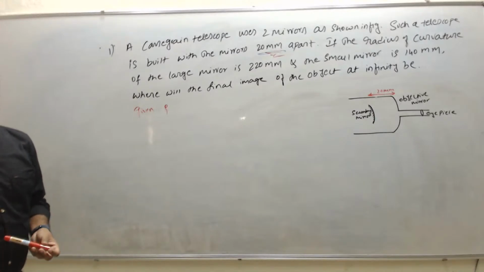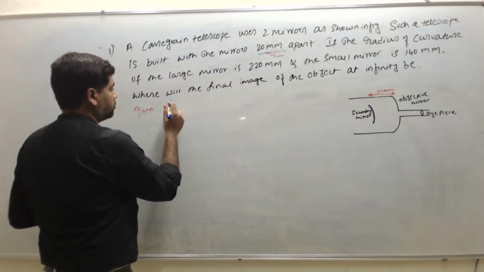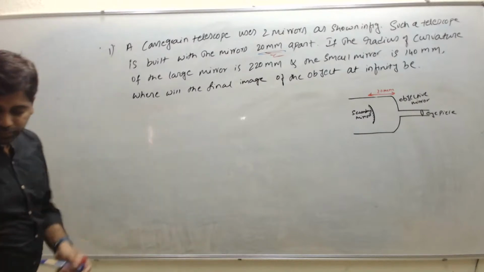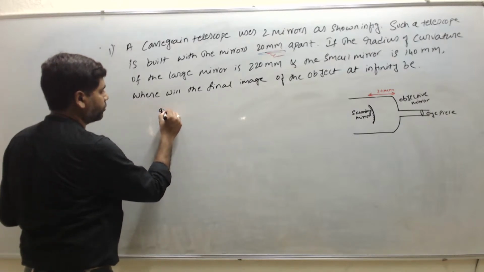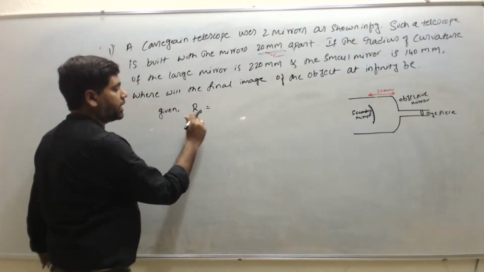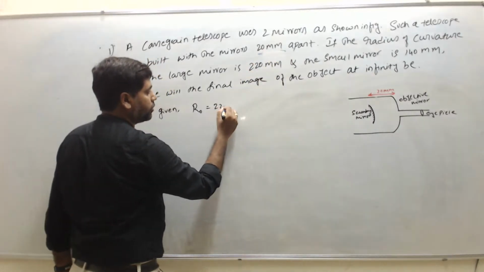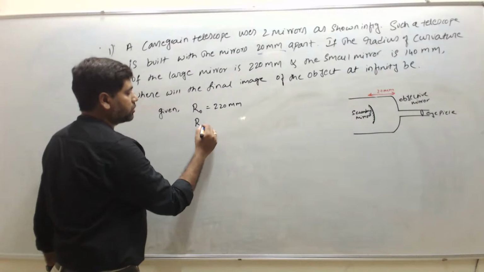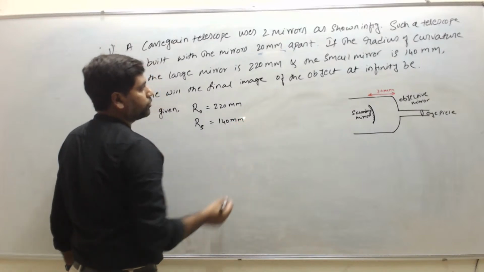And they given the objective mirror focal length. Sorry, they given the radius of curvature. Radius of curvature of the objective mirror is 220 millimeter, and the radius of curvature for the small mirror is 140 millimeter.